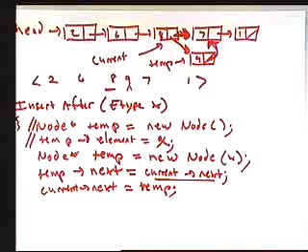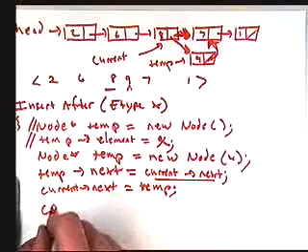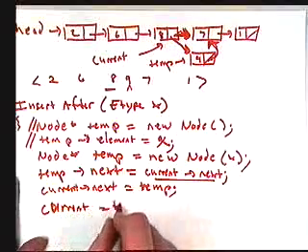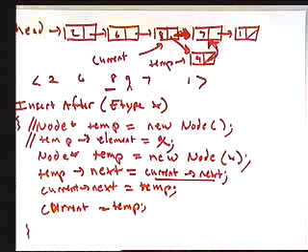And typically then what we would also do, not all the time, but sometimes you'll also see something like this, current equals temp, where current moves to point to whatever list element was just inserted. So current always would point to the most recent insertion. That's not ironclad, it's just used in many list classes, but I thought I'd throw that in there to let you know exactly what's going on.